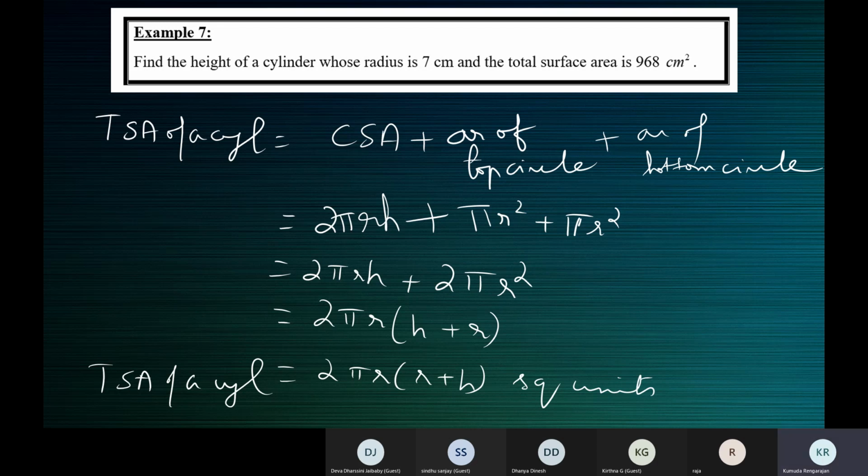So CSA is 2 pi RH. Top is pi r square, bottom is pi r square because both are circles. Then on taking the common factor, we get 2 pi r into r plus h. The CSA formula is 2 pi RH square units. TSA is 2 pi r into r plus h square units.